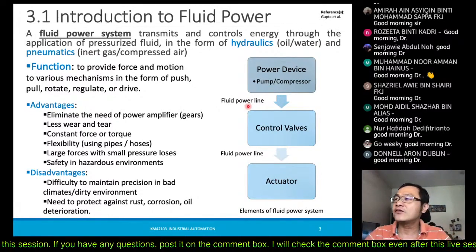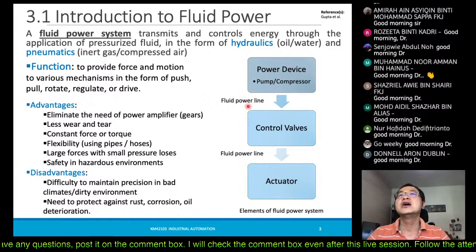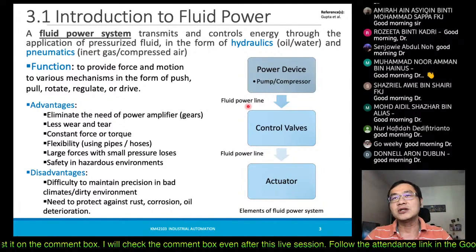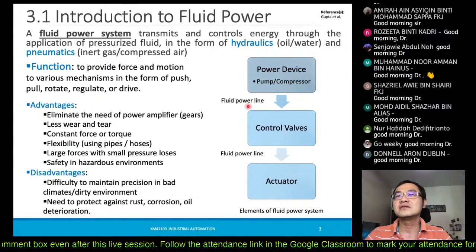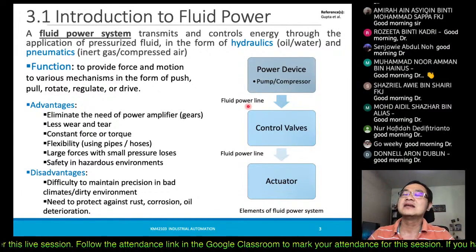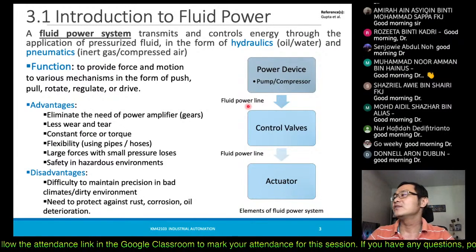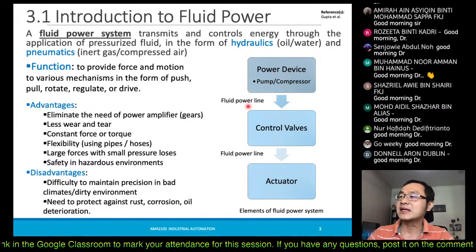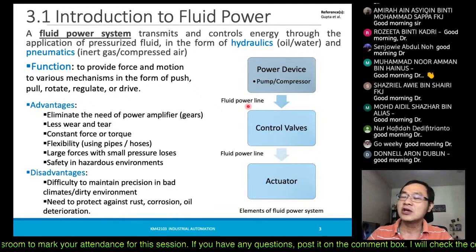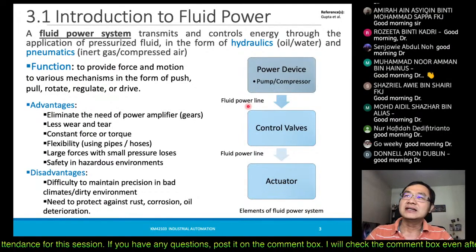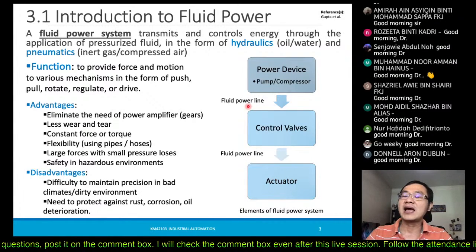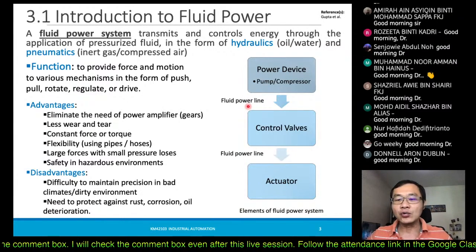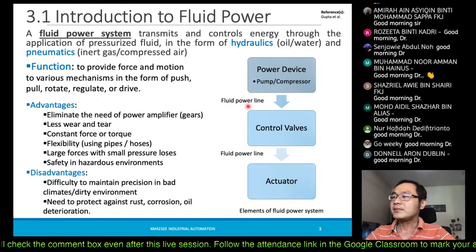That's why these fluid power systems are preferred in industrial automation, because they can last very long. If required, they just change a certain part, and the maintenance is also quite easy. We just have to change the oil from time to time, or maybe the o-ring and so on.